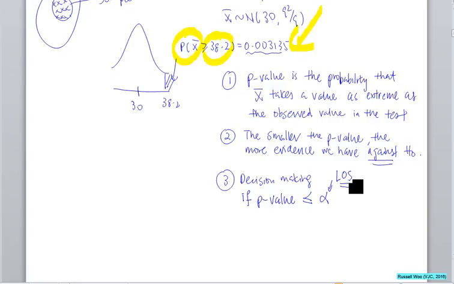The probability is very small. If the probability is small, it would suggest that it will be far away from the mean. Would you reject H naught or accept H naught? Reject, very good. You will reject H naught. If your p-value is greater than alpha, then you do not reject H naught.